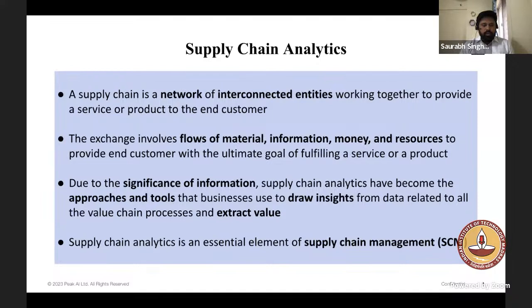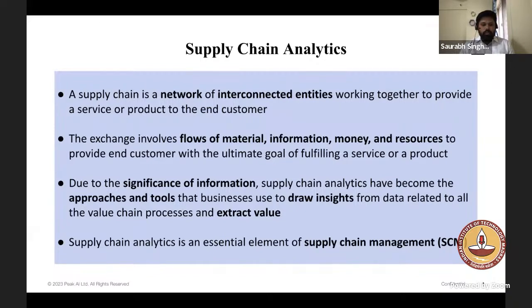Because of the nature of these interconnected entities, this involves the exchange and flow of material, information, money, and resources, with the ultimate goal of fulfilling a service or a product for the end customer.